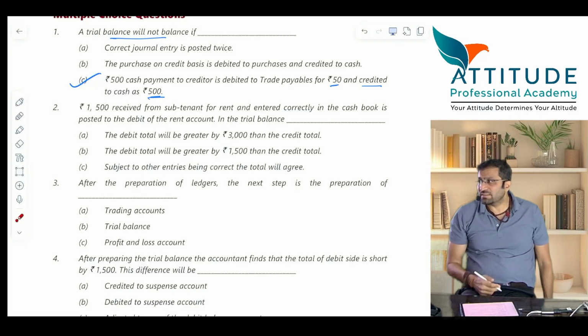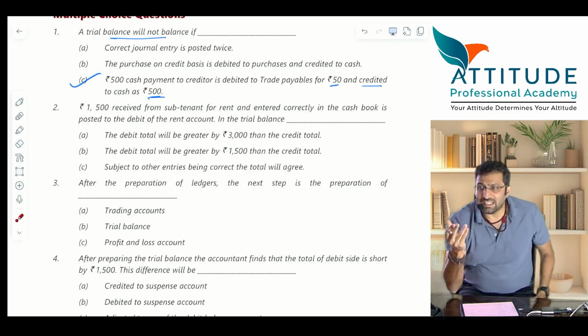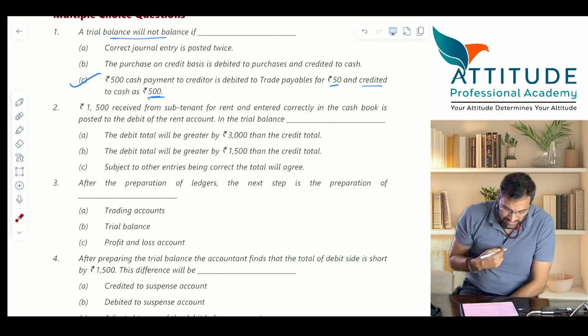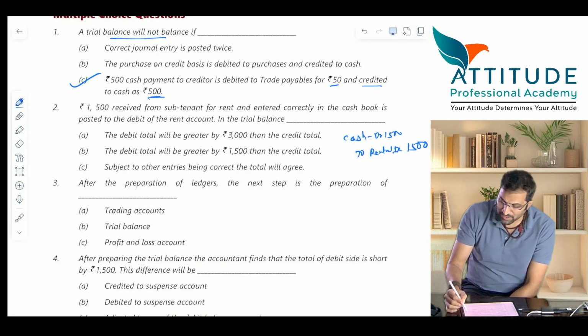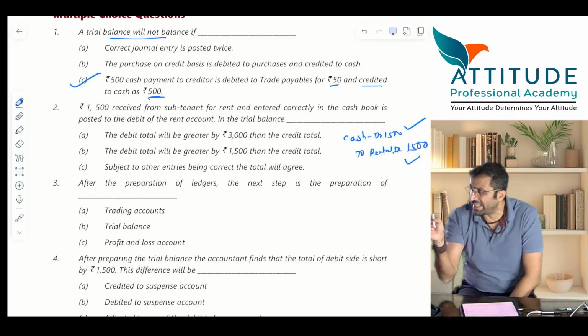What entry should I pass? For me, it is cash account debit to rental income. Rental income on subletting. But in my books, the entry is, tell me, cash debit 1,500 to rental income by subletting. How much? 1500. So cash should be debited and rental income should be credited.